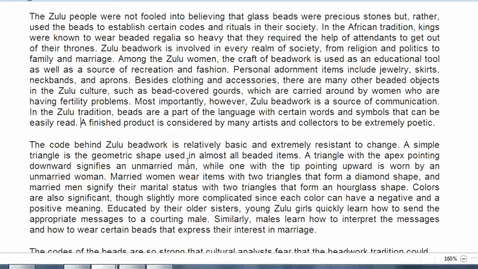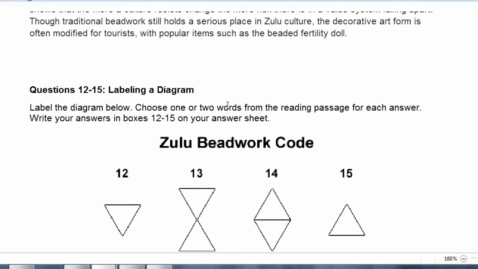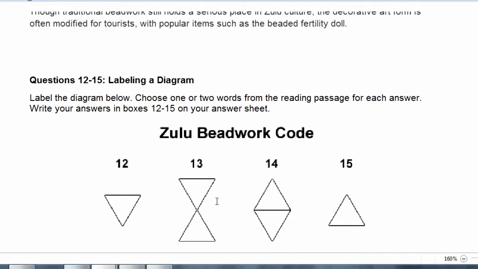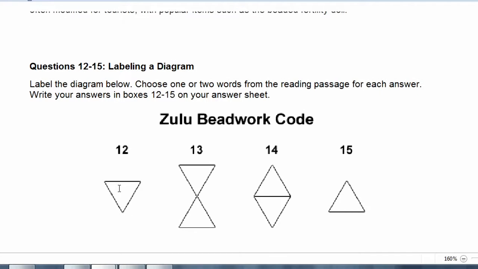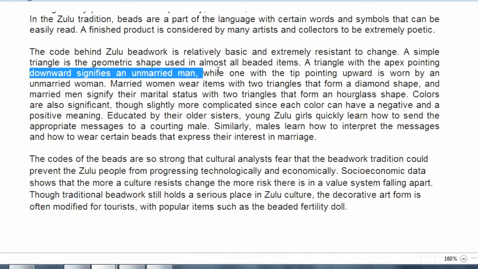So a triangle with the apex pointing downwards signifies an unmarried man. So our answer is this one, because the question was choose one or two words from the passage. So number 12 is unmarried man, because it is pointing downwards.